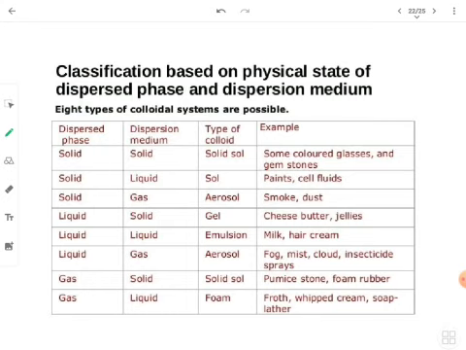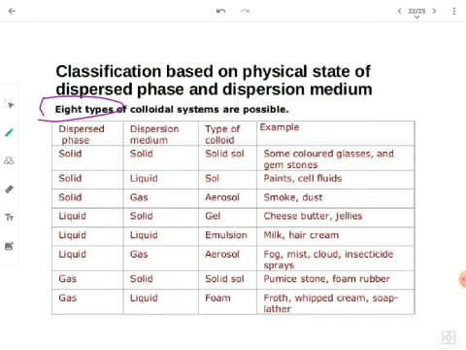Now as I told you that in solutions all of these solute and solvent can have the different types, that is solids, liquids and gases, right? तो based upon that कितने type of solution possible थे हमारे? 9, right? But यहाँ पे भी हमारे 9 systems होने चाहिए थे, 9 type of colloidal system होने चाहिए थे, but there are only 8 types of colloidal systems or colloids that are possible.